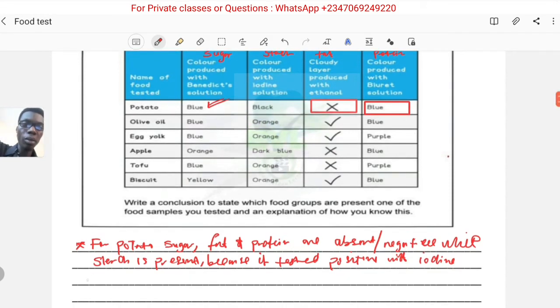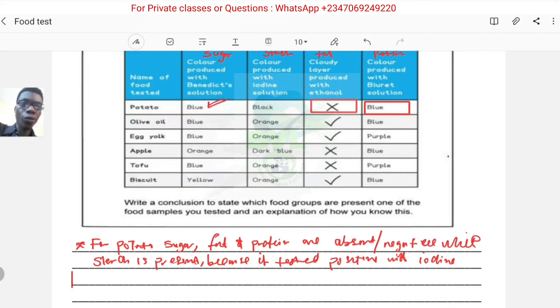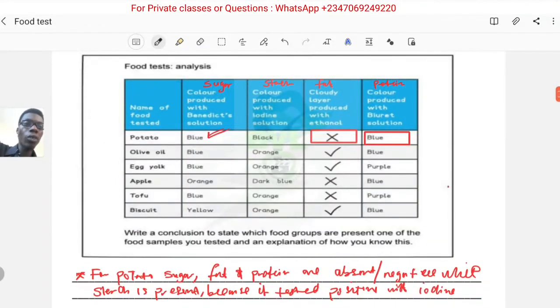Let's move on. You get it more now. Let me change the color of this. So for olive oil, the same color remained, so that means there's no sugar in olive oil.